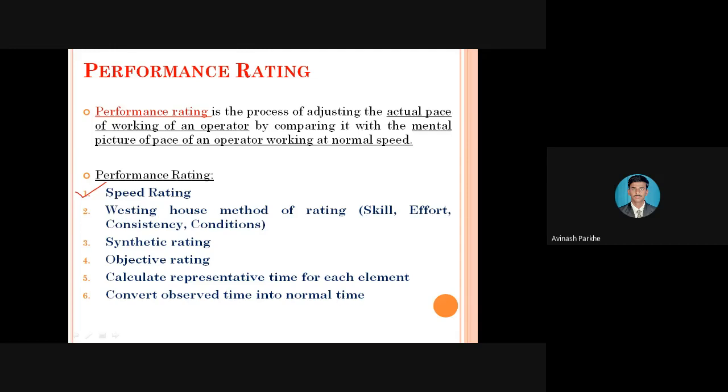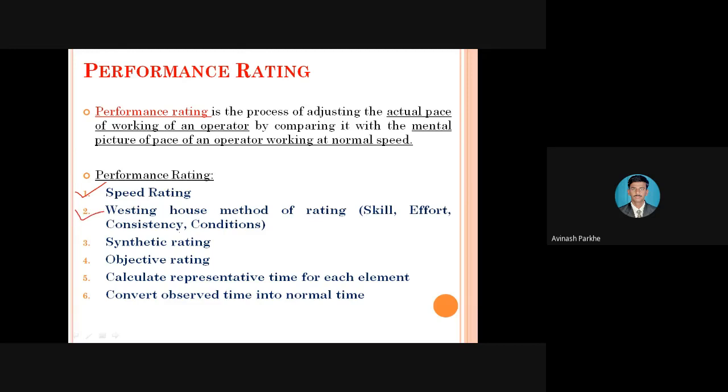Whenever we perform a number of operations on that machine, that observer observes our work. He observes our speed, and accordingly measures how much time is required for each and every operation. So in the case of the first method, the time study engineer or observer also plays a very important role, observing your work and measuring the speed and the time required to perform the operation. So this is the first method of performance rating, which is related to the speed of the operator.